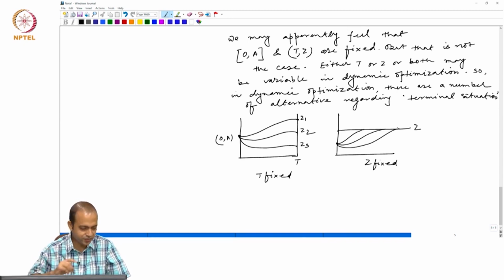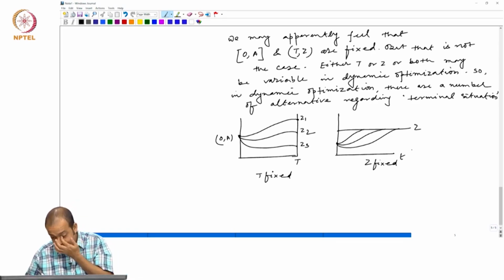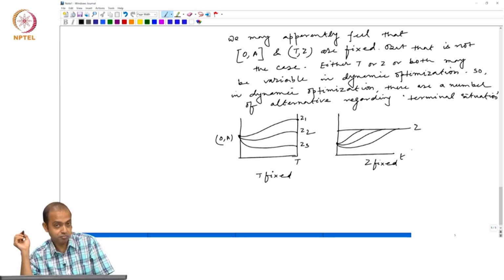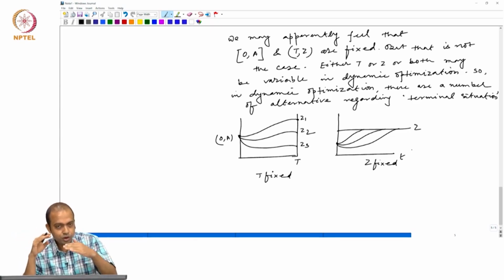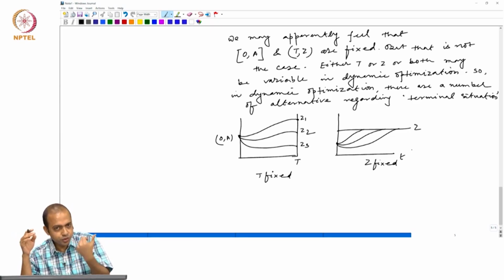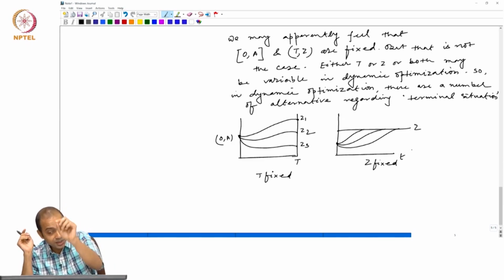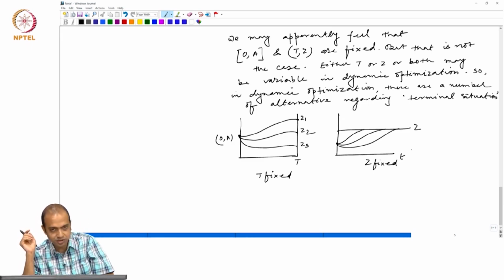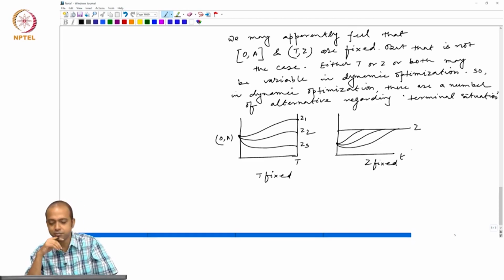Z is fixed. So, what we need to do is, in this axis this is time. I will select that path that minimizes time. So, which path should I select so that I can achieve the terminal state of capital in minimum amount of time? That might also be a case.